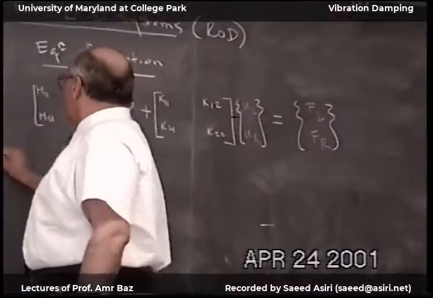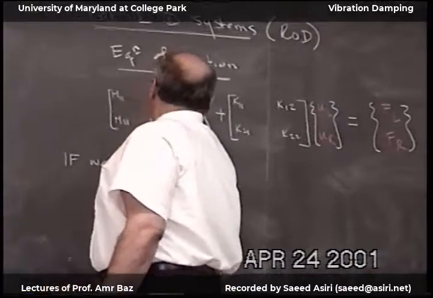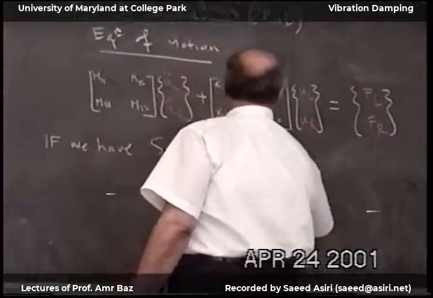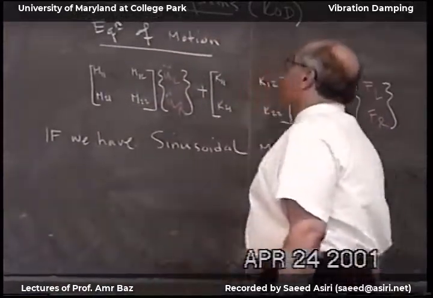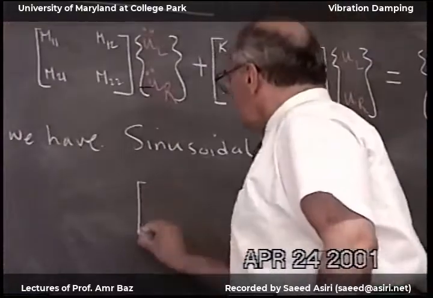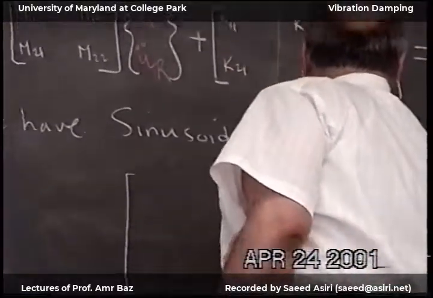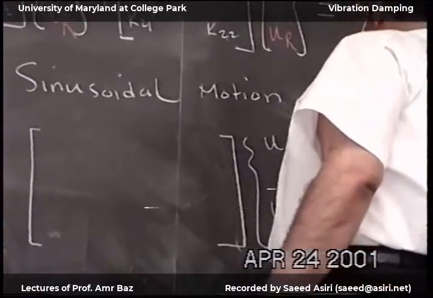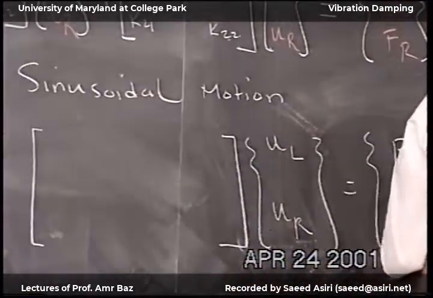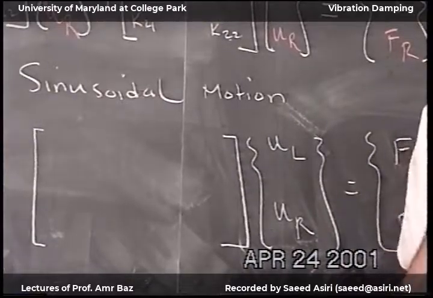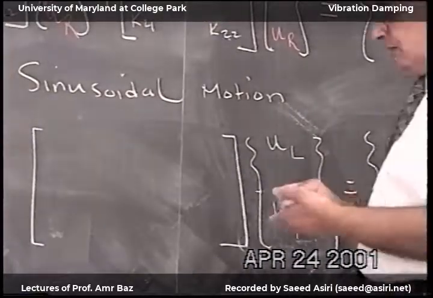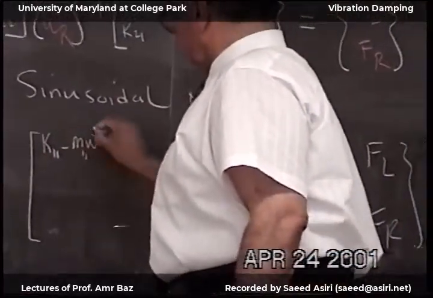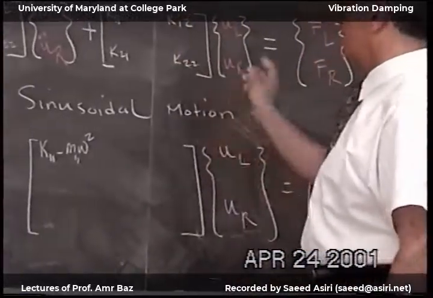If we have sinusoidal motion, then now I have like this. And this would be K11 minus M11 omega squared, and so on.